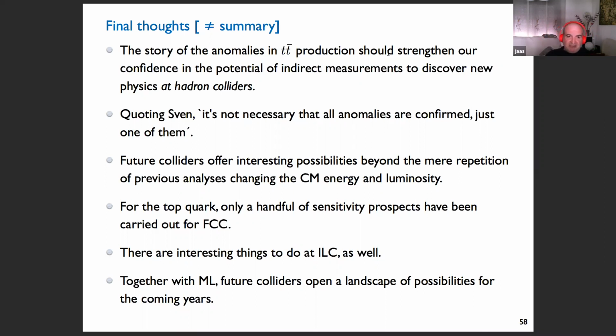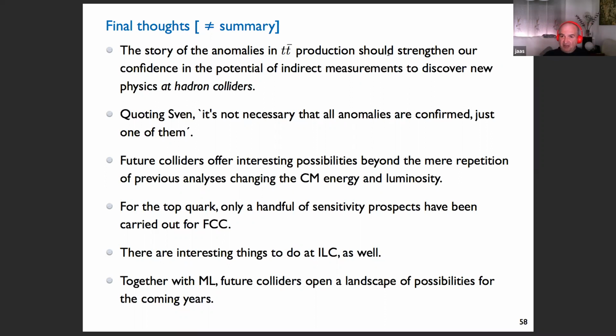I want to point out again that future colliders often offer interesting possibilities beyond merely repeating the same analysis done at LHC with more luminosity. You can change and imagine things that are completely new, like some examples I have shown and more. Amazingly, for the top quark, there are very few sensitivity prospects for FCC, which is the most popular machine for the far future.